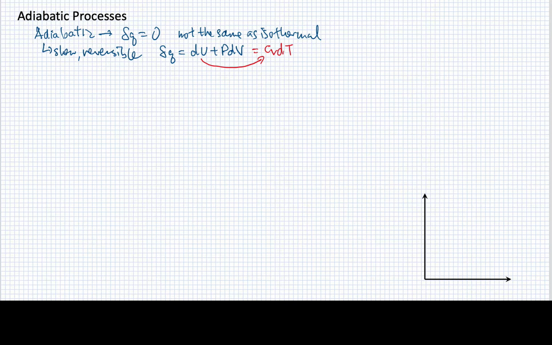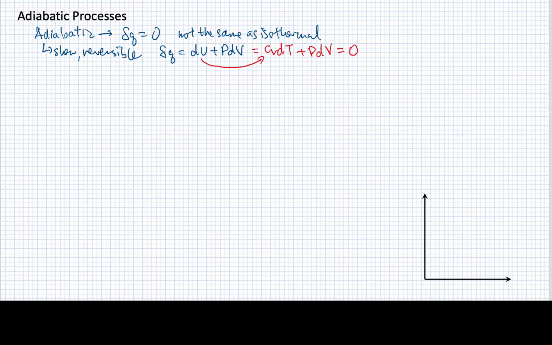This is going to be relevant for an ideal gas, and the PdV we'll keep the same. So we're going to write our incremental change in heat as equal to the heat capacity at constant volume times dT plus the pressure times dV. Now, since dQ is equal to 0 in an adiabatic process, that means this whole thing is going to be equal to 0. So what does that mean for us?